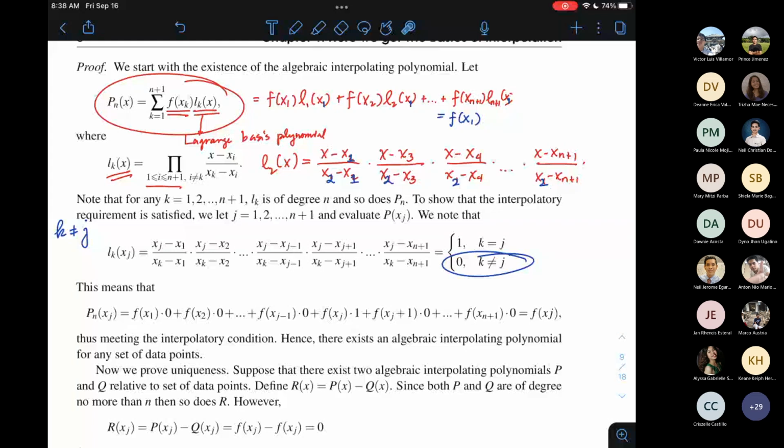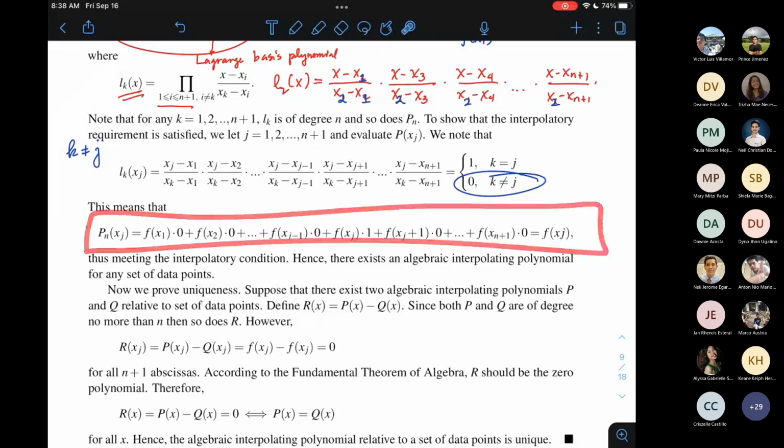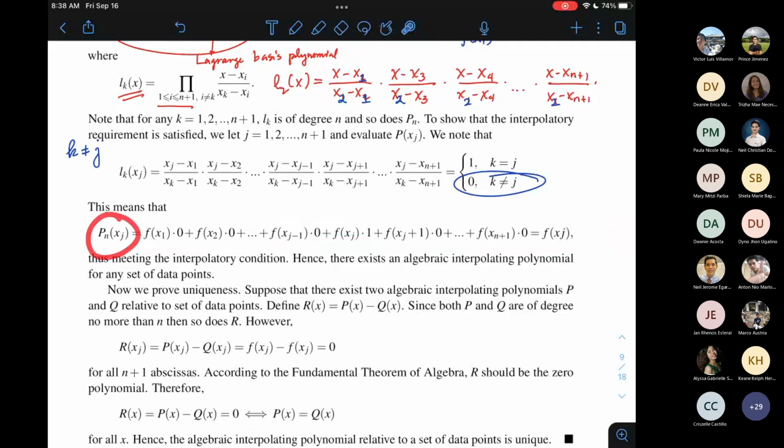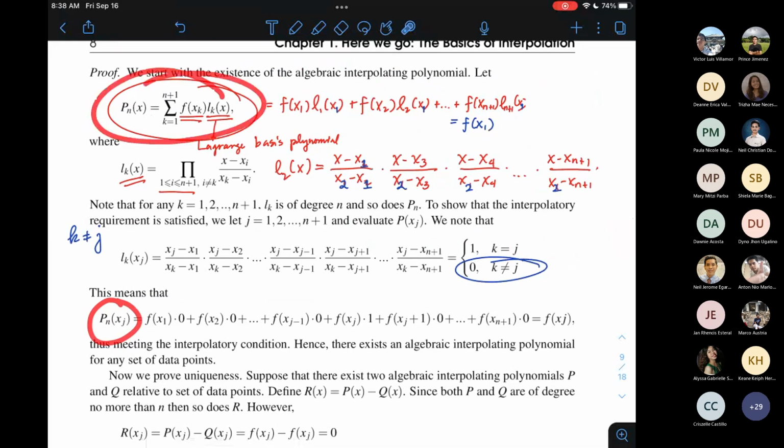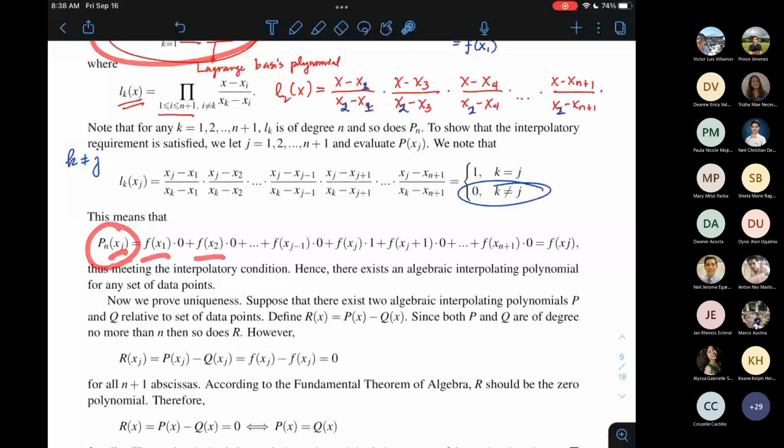Kasi pagka in-expand natin yung Lagrange form ng interpolating polynomial, tapos pinlog-in ko si x sub j, ganito yung magiging itsura. Right? So si p sub n given before, and then I plug in x sub j. So f of x1, f of x2, tapos f of xj minus 1, f of xj, f of xj plus 1.